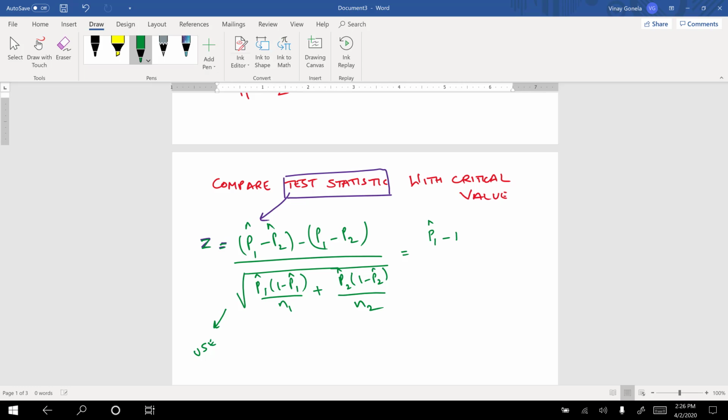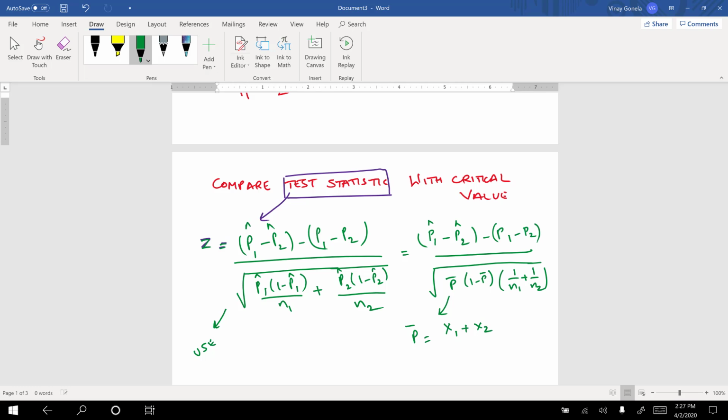It is p1 hat minus p2 hat, minus p1 minus p2, divided by the square root of p bar times 1 minus p bar times 1 by n1 plus 1 by n2, where p bar is x1 plus x2 divided by n1 plus n2.